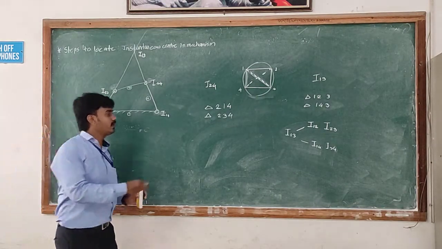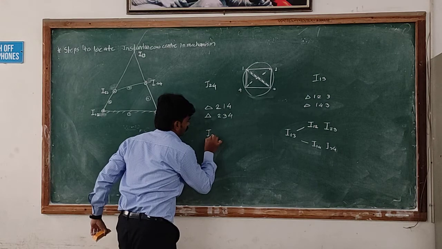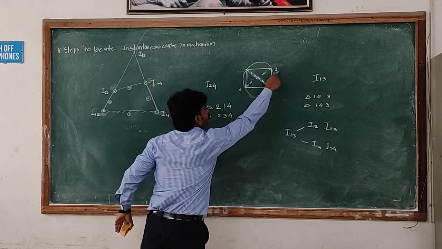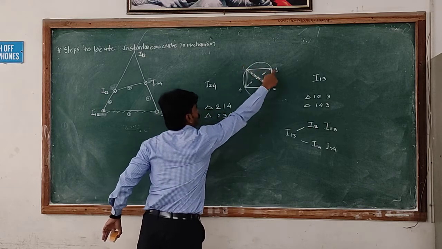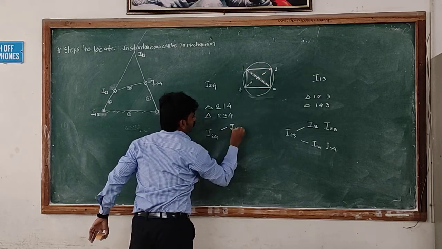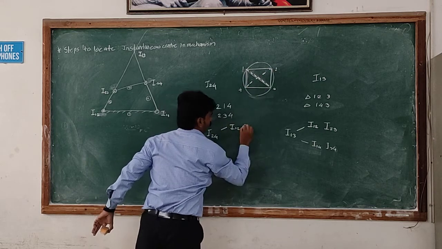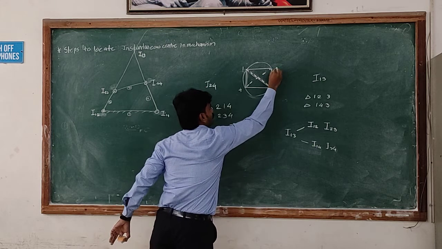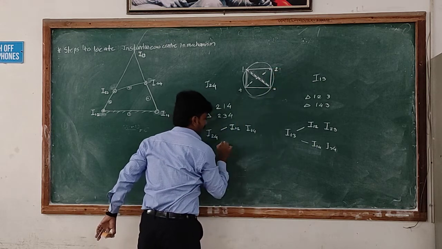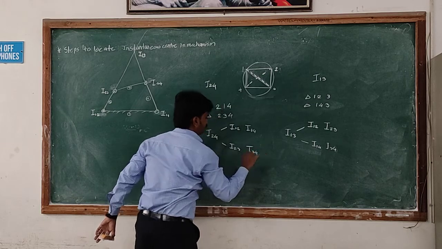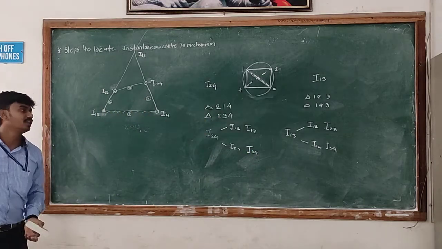Now we require the ICR 2 4. If we move along this direction, that is 2 1 4, we require ICR 1 2 and 1 4. Similarly, if we move from this direction, that is I23 and I34.